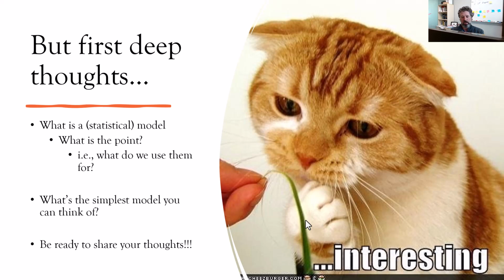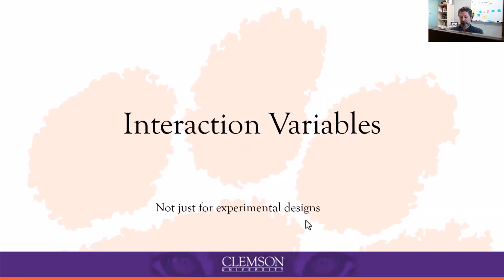If I know the average height of some population of people, and you said a baby is going to be born in that population, what do you think their height will be when they are an adult? The best guess would be the average height of that population. That would be the simplest model that we could come up with. That's essentially what a model is, and they just go up in sophistication from there.